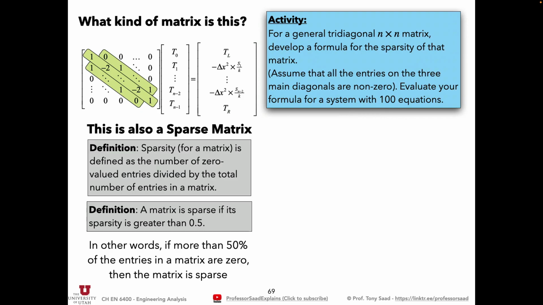Give it a try. So again, sparsity, I want to count the number of zeros in the matrix and divide it by the total number of entries in the matrix.